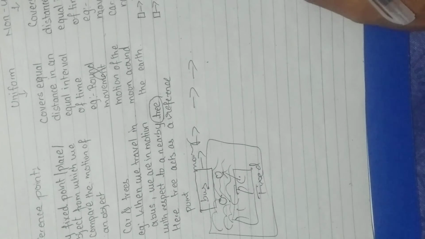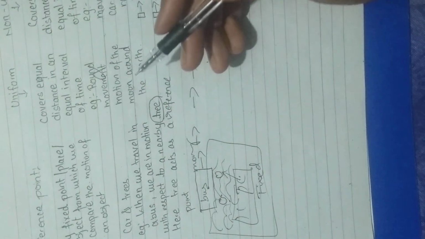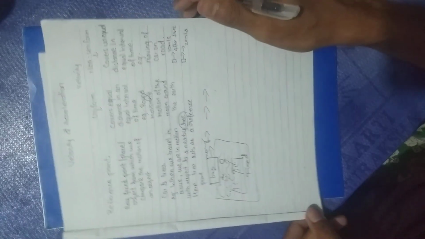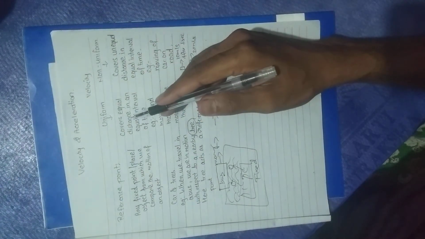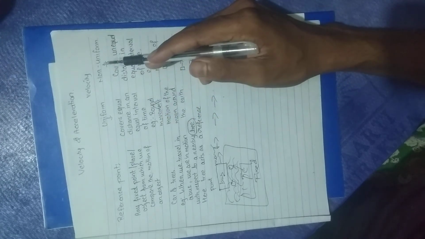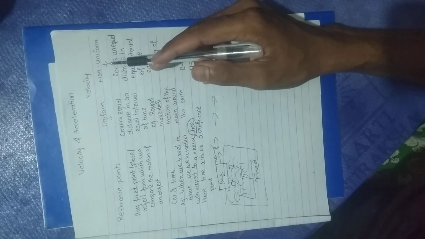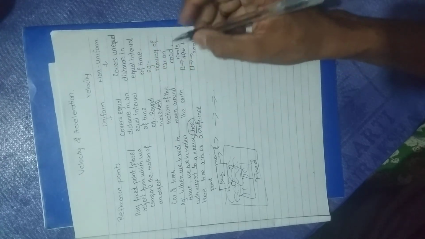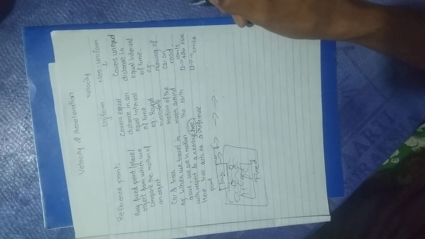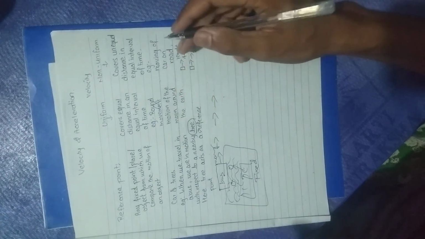Let's recall. Uniform velocity means equal distance in equal time interval. Non-uniform velocity means unequal distance in equal interval of time. It may vary from time to time, where the interval of time is the same but distance traveled is different.